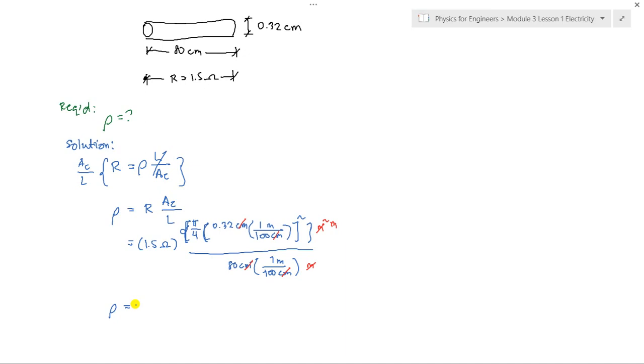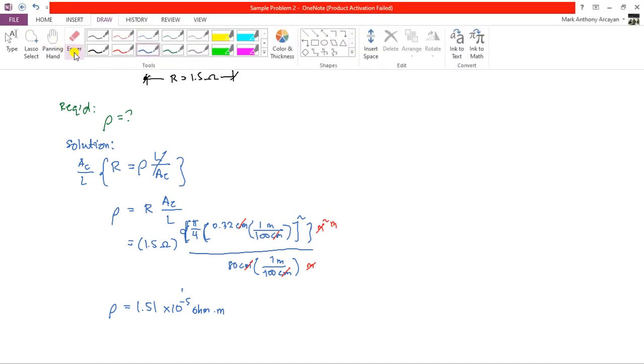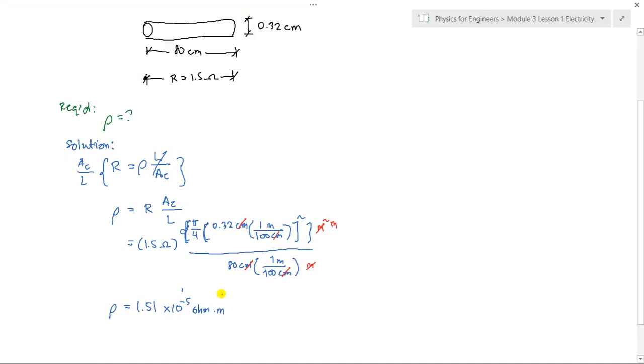So the answer here is approximately 1.51 times 10 to the power of negative 5 ohm meter. That is very small, its resistivity. So this would be our final answer.